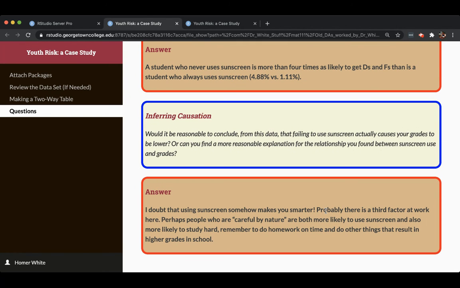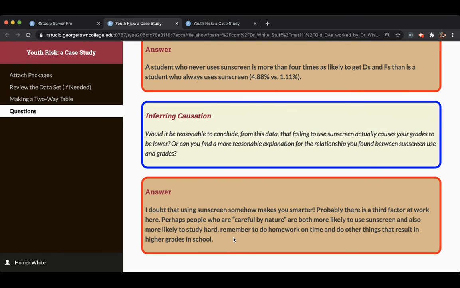Last question is about inferring causation. Would it be reasonable to conclude from this data, the 5% versus the 1%, that failing to use sunscreen actually causes your grades to be lower? Or can you find a more reasonable explanation for that relationship that we found between sunscreen use and grades? Well, my answer is this.